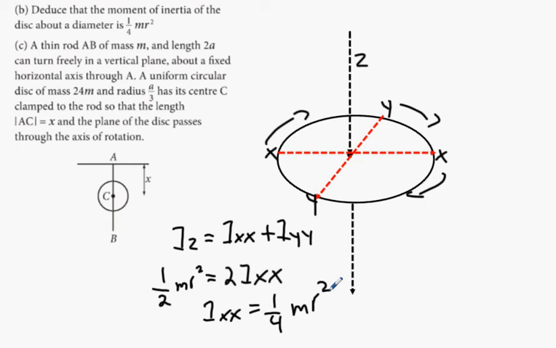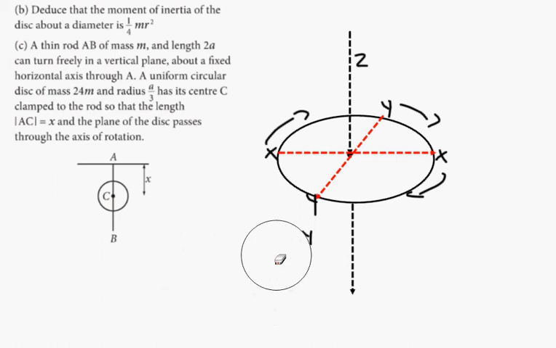If this was a circle, it'd be flipping like that. Now, the interesting part, and the really tough part of moments of inertia, is how can you tell one question from the other from language alone? So it is very important. Once we have a quarter mr squared, just remember that because we're going to use it in a minute.